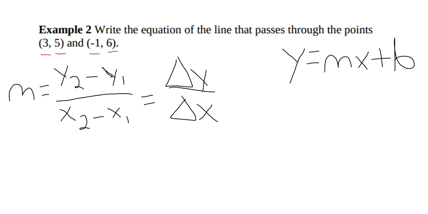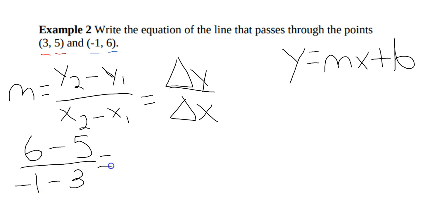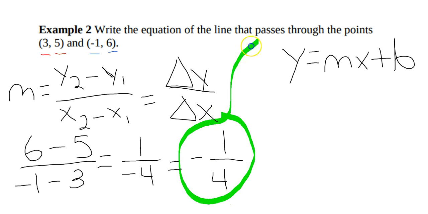So let's do y2, which is 6, minus y1, which is 5, divided by x2, which is -1, minus 3. 6 minus 5 is 1. -1 minus 3 is -4. Our slope is equal to -1/4.